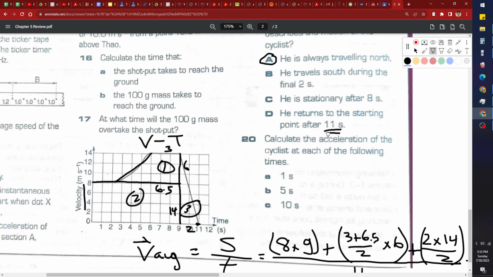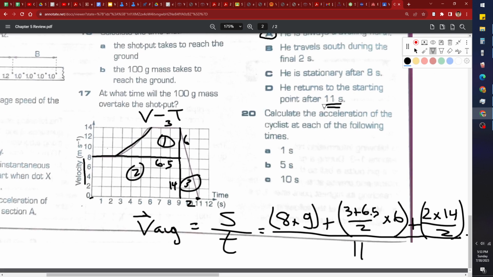That is also not true. This point here is just saying that he stopped. That's all. Okay, he was going north the whole time, going at constant speed, going faster, going a constant speed that's higher now, and then finally slowing down really quickly, and then stopping. But not at any time did he turn around.